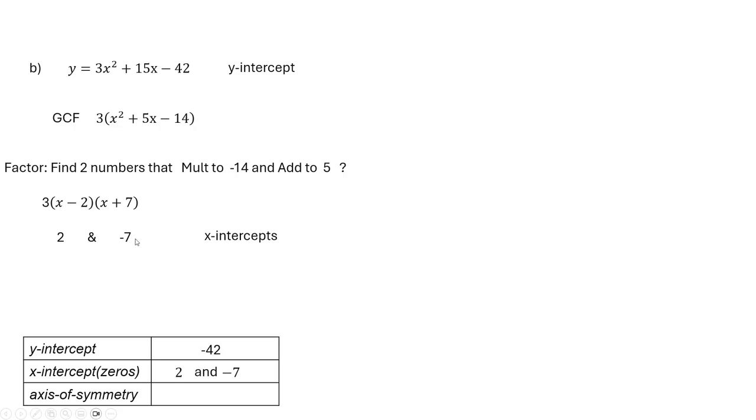Our axis of symmetry is a line halfway between 2 and -7. So we'll add these two together and divide by 2, and that'll give us a value of -2.5. That's our axis of symmetry. So the equation for our axis of symmetry is x equals -2.5.